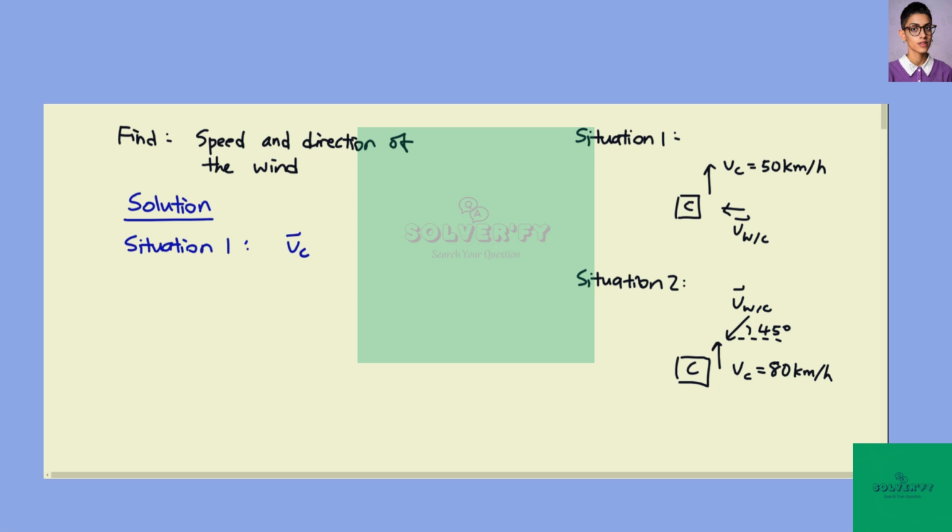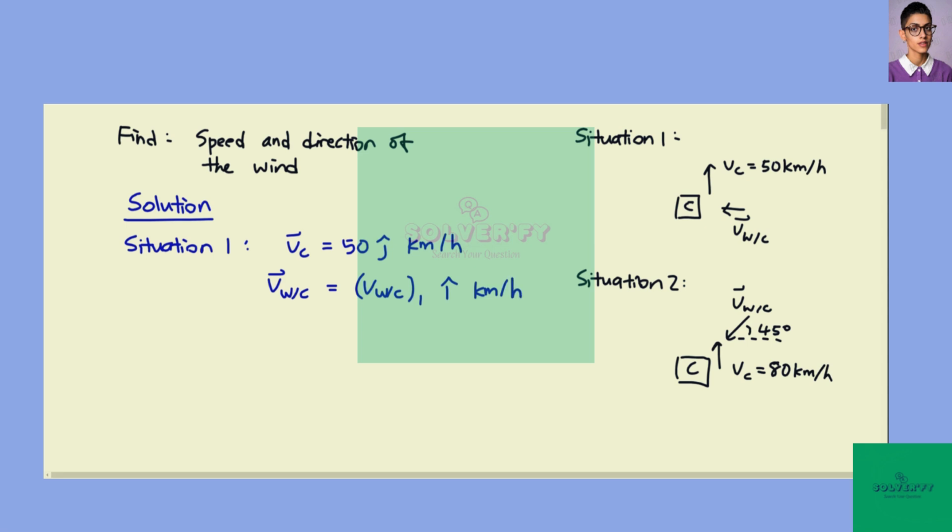We are given that V_C is 50 j hat kilometers per hour, and the velocity of wind relative to car is the magnitude of the relative velocity 1 in the i hat direction.